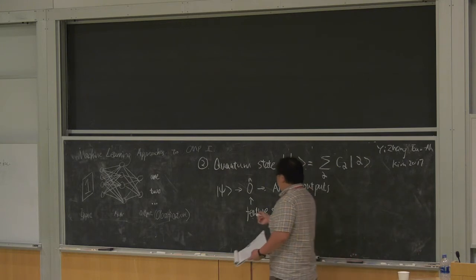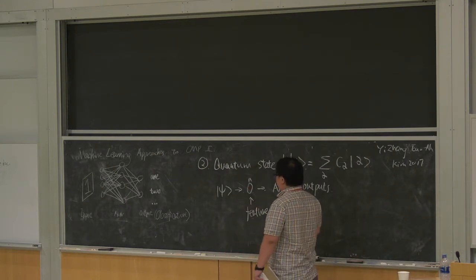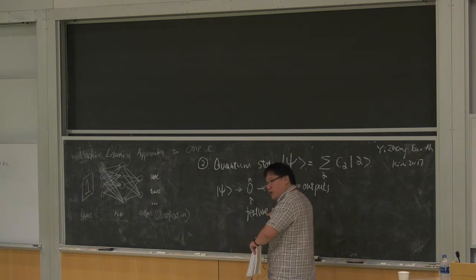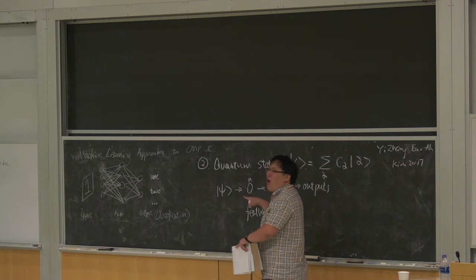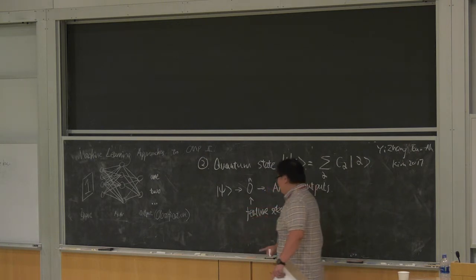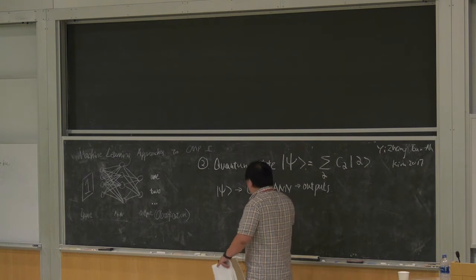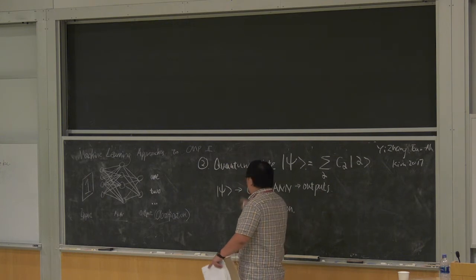So this is feature selection. In other words, we choose a bunch of operators, and it's not randomly chosen because the space of all operators is just as intimidating as the Hilbert space itself. But choose a wide selection of operators. Use these operators as feature selection layers or an interface.